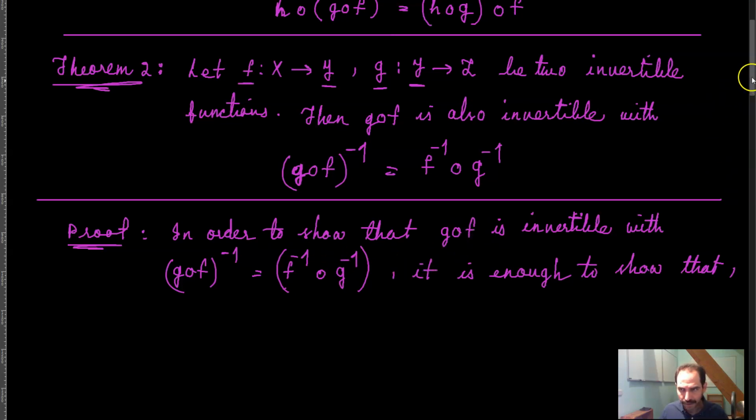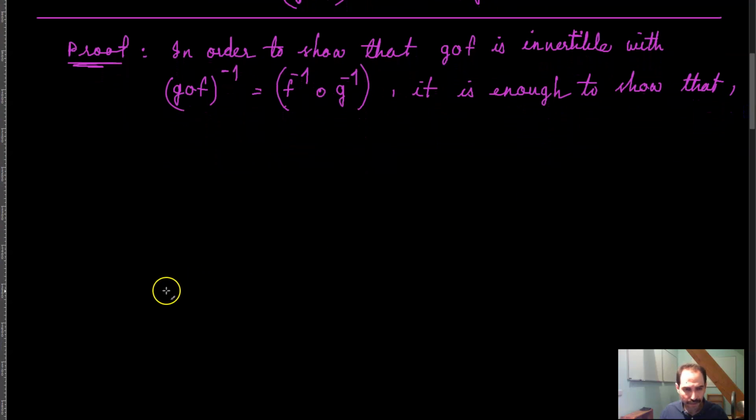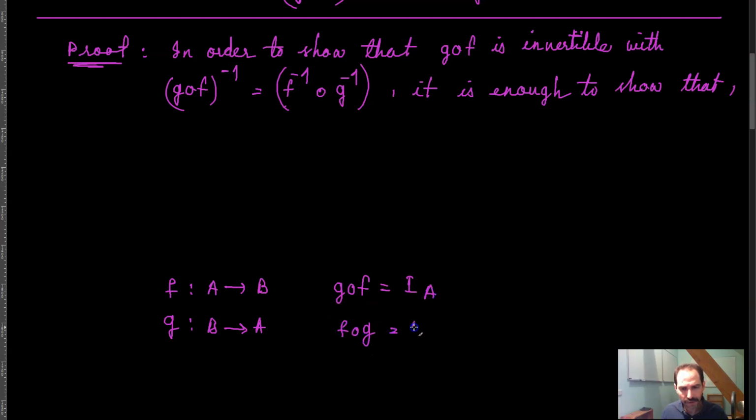Previously we said that if we had some function f from A to B, and suppose there is some other function g which is supposed to be the inverse of f, going from B to A, then in order to show that g is the inverse of f, we need to show that GOF is the identity function on the domain of f, and FOG is the identity function on the codomain of f, which is I of B, right?